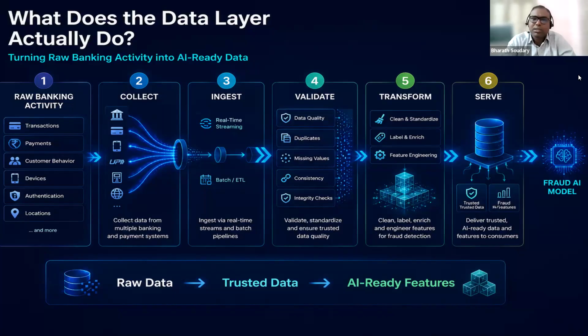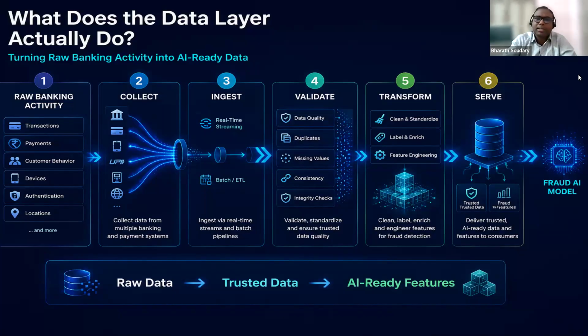Batch processing is useful for historical analysis and model training. Validate. The system checks whether the data is trustworthy. It checks missing values, duplications, incorrect formats, invalid values, inconsistency, and business rules.